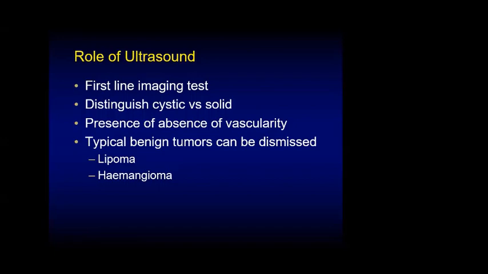We do see quite a few patients who present with soft tissue masses, and if we detect a lipoma, we don't necessarily recommend further imaging with MRI scan unless there are suspicious features related to the lipoma, or if there is history of pain or history of recent or rapid increase in the size of the lipoma.